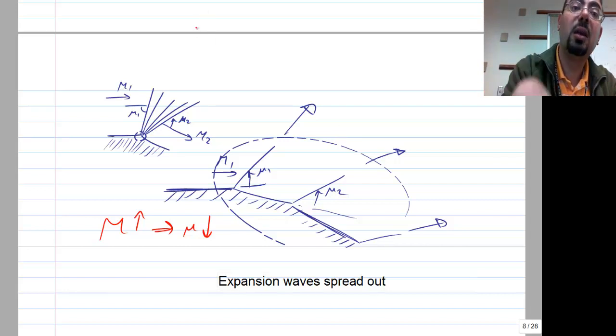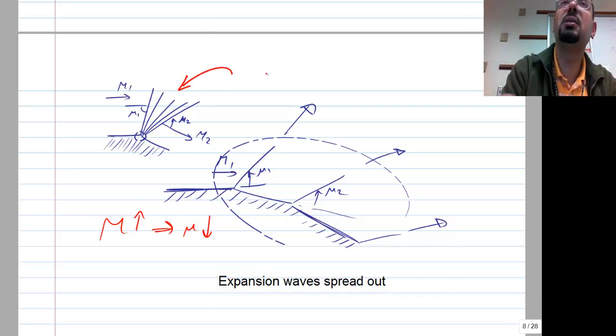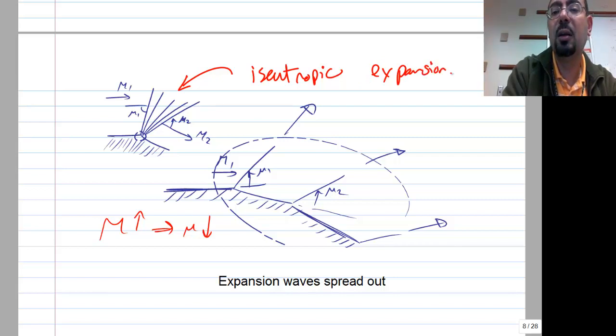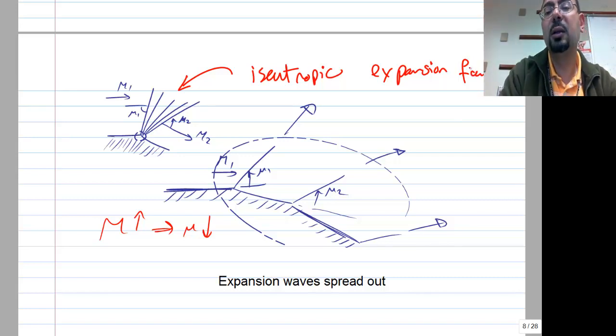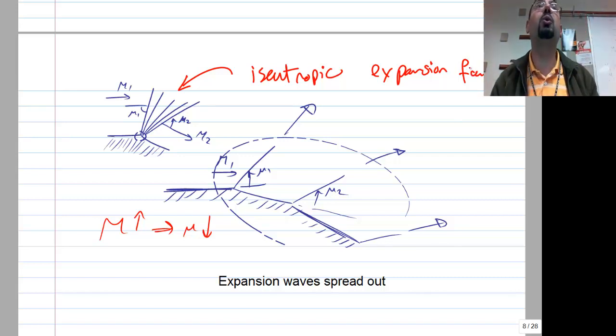That's really nice, because we know a Mach wave is isentropic, and they remain isentropic. So this is an isentropic expansion fan. This fan will open like this and it will remain isentropic.